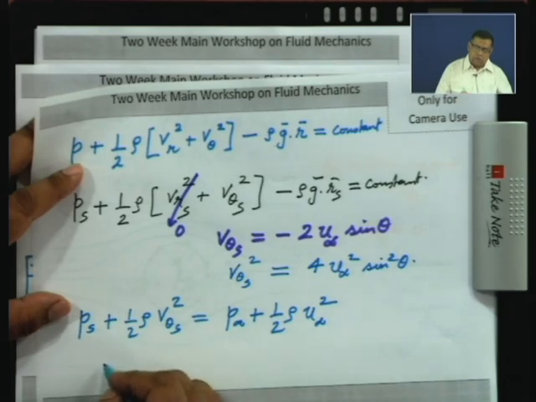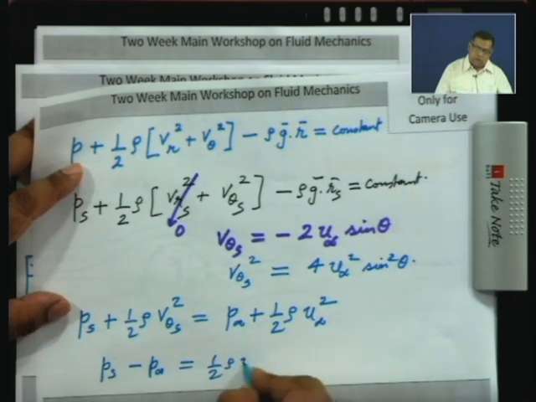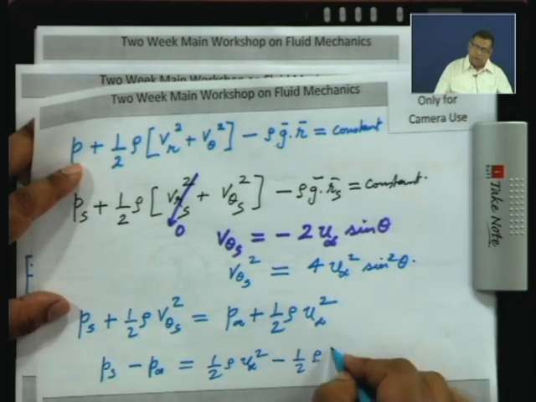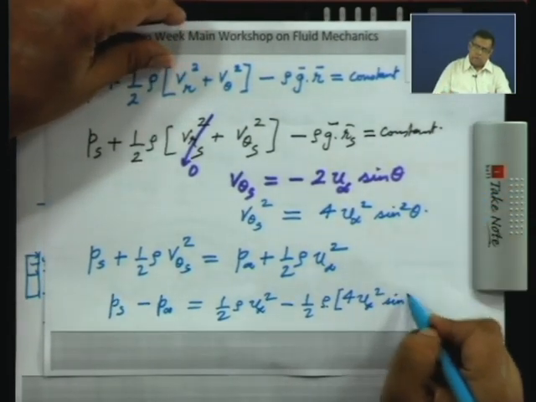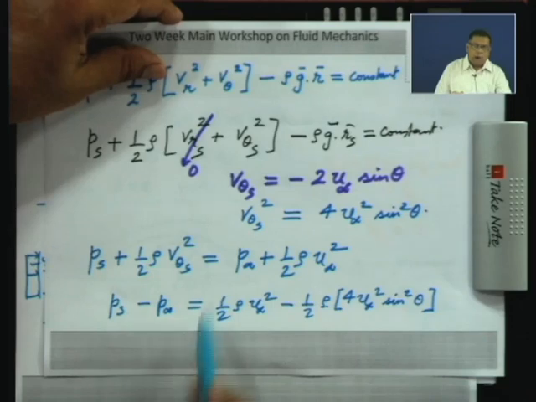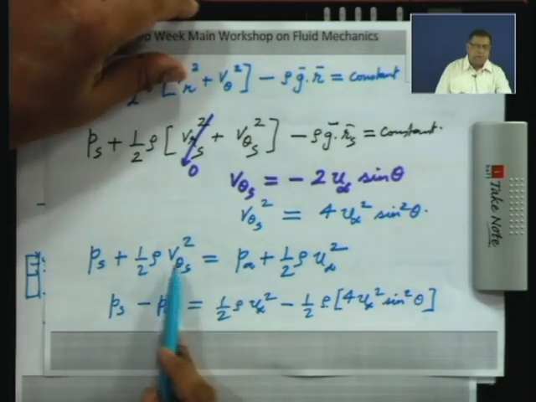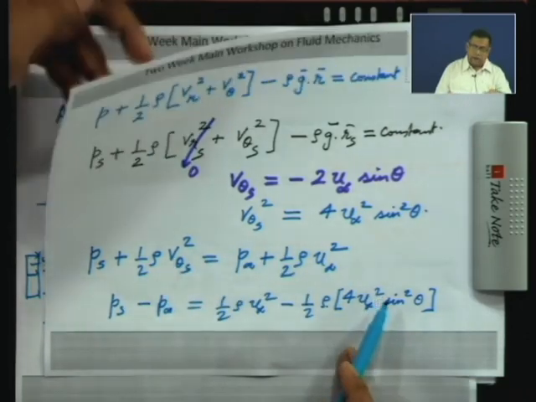So, P s minus P infinity will be half rho u infinity squared minus half rho, and V theta squared you are getting is 4 u infinity squared sin square theta. All I have done is move this term to the left hand side and this term to the right hand side.